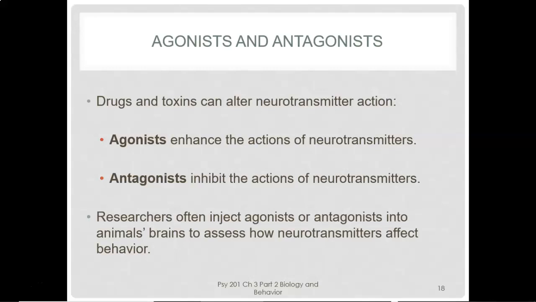An agonist enhances the actions of neurotransmitters. An antagonist inhibits the actions of neurotransmitters. Basically, an agonist is increasing the loudness of the message, where antagonists are making the message quieter, much more difficult to hear. Researchers can inject agonists and antagonists into animal brains as they're doing research to assess how neurotransmitters affect behavior.